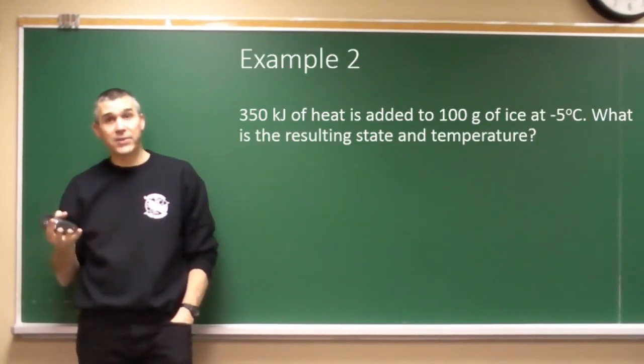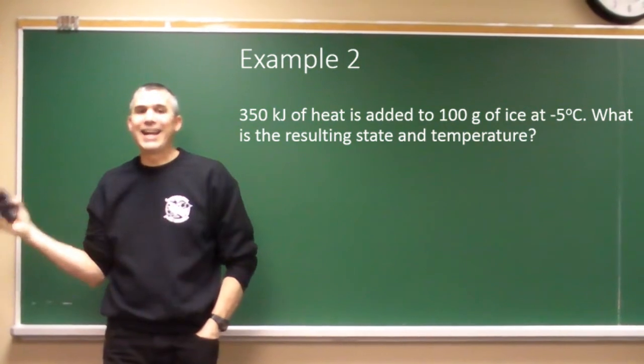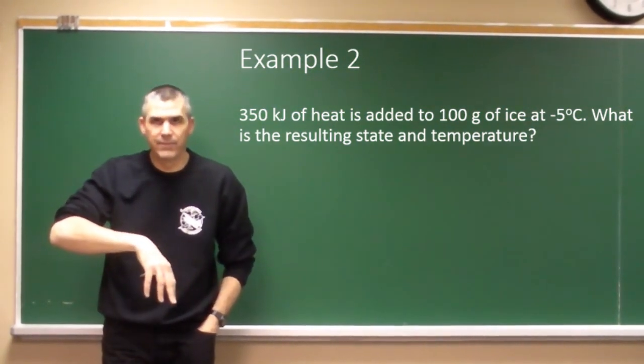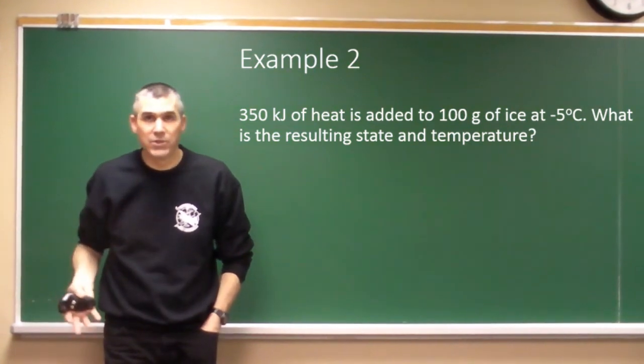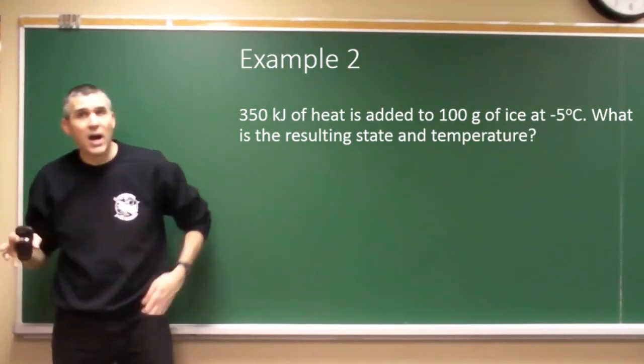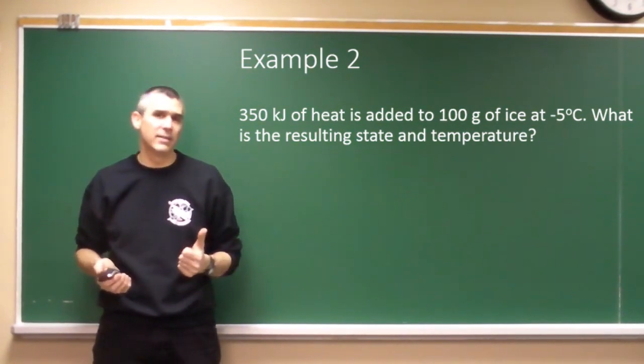Okay, now second example would be if I know how much energy I have and I add that to 100 grams of ice at minus 5 degrees C, what's the resulting state and temperature? Now this is a little bit different because I don't know what it's going to end up as, so I'm going to have to do it a little bit more stepwise.